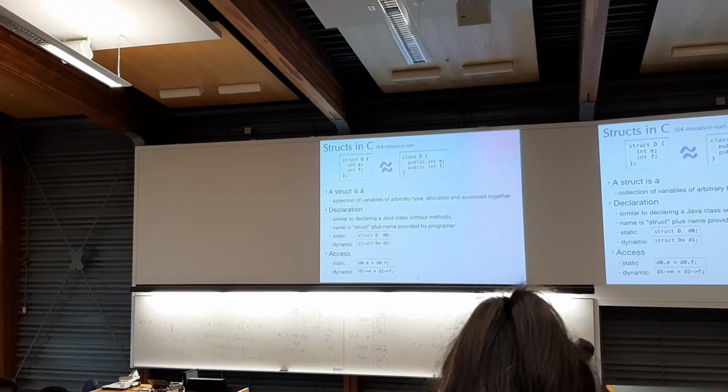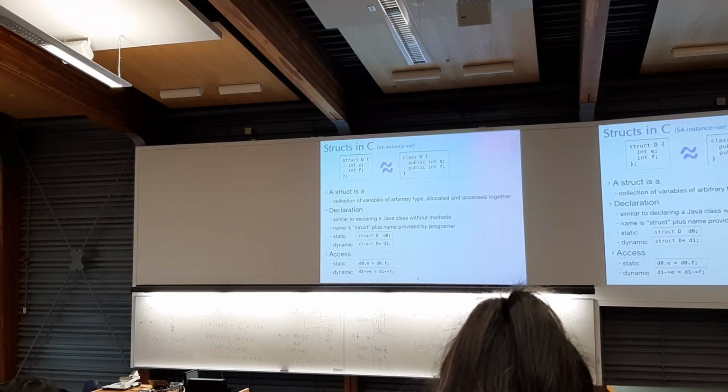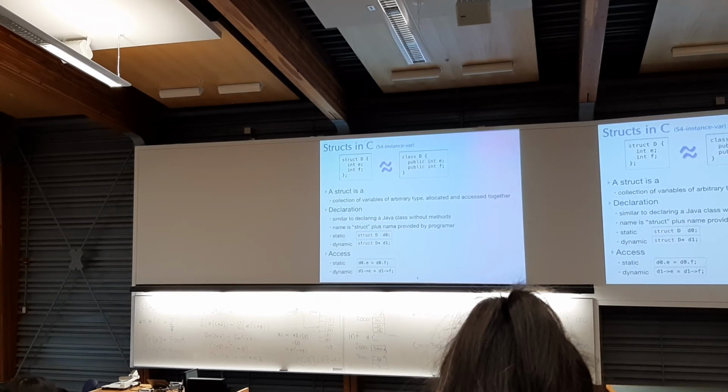So if we just looked at the instance variables of a class in Java, this is the same as a struct. So you say struct, you can give the struct a name, it's optional, and then you list inside it a collection of variables. The variables can have different types, and they must have different names, of course.